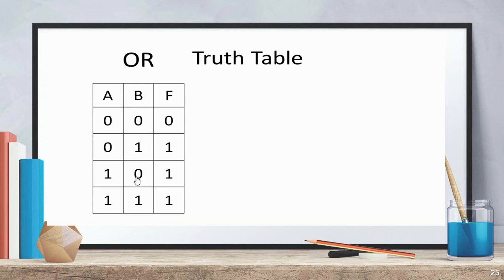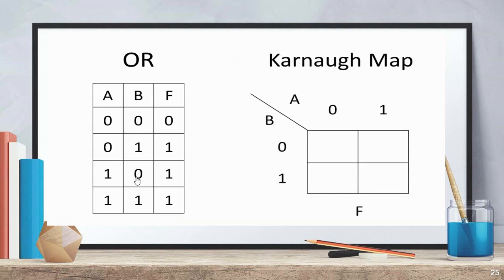So we could say that this is the truth table of an OR function. That's why we call the output column F. To construct the corresponding KMAP, we draw a grid with 1 square for each row in the truth table. The possible input values for A are used as column headings across the top, and those for B as row labels down the left hand side. These input values will act like coordinates for the output values.